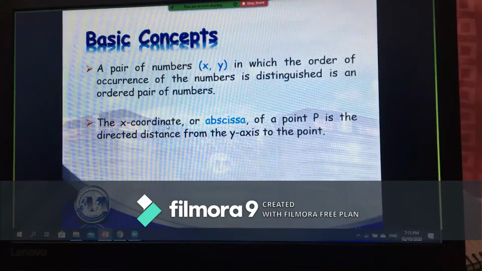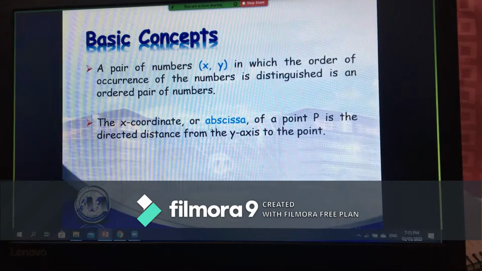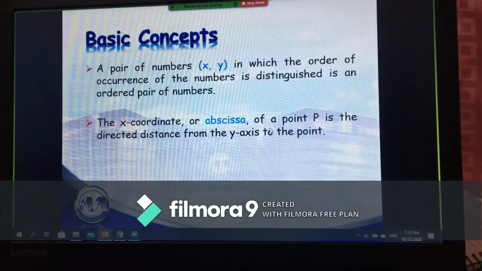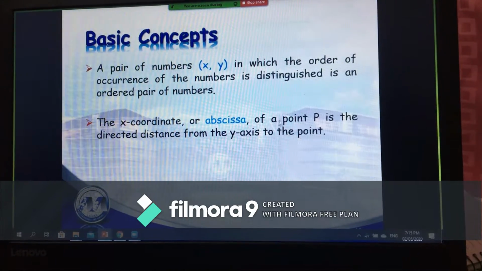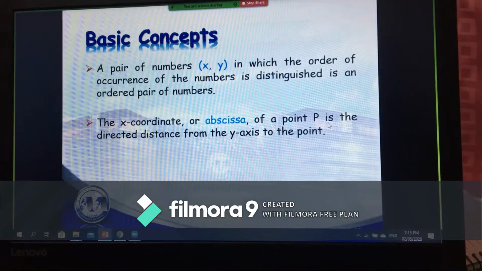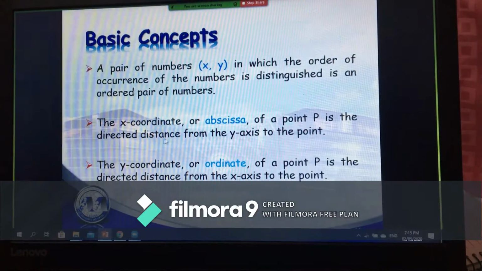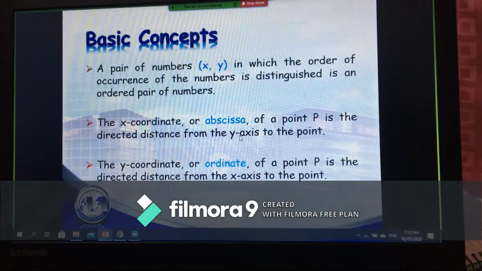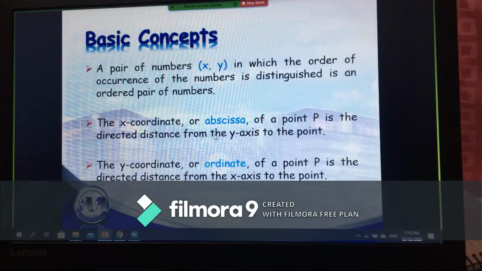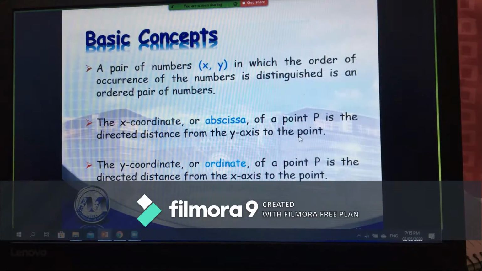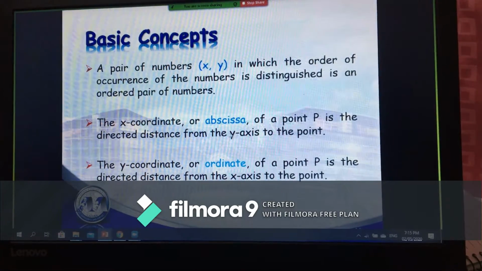Another term for x coordinate, we call it abscissa. Now, abscissa of a point P is a directed distance from the y-axis or from the vertical line to the point. So, any question, class, with this statement? Intindihan niyo to?